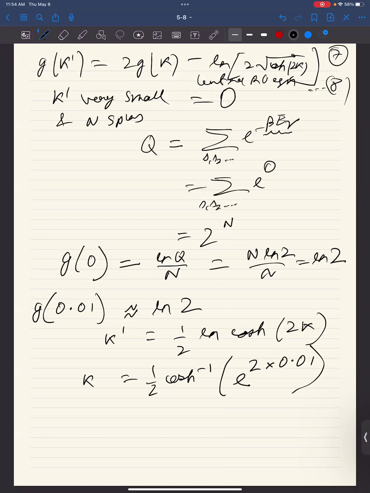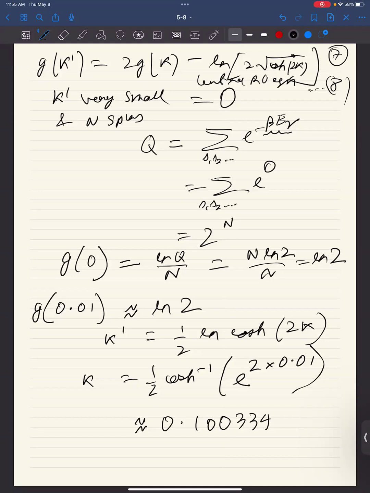This is something you can do on a calculator, right? You can calculate this number and you will see that this gives you k equal to approximately 0.100334. So I took a very small value of k prime. I used that to calculate the value of k. Okay? I'm a little confused. You should be very confused.